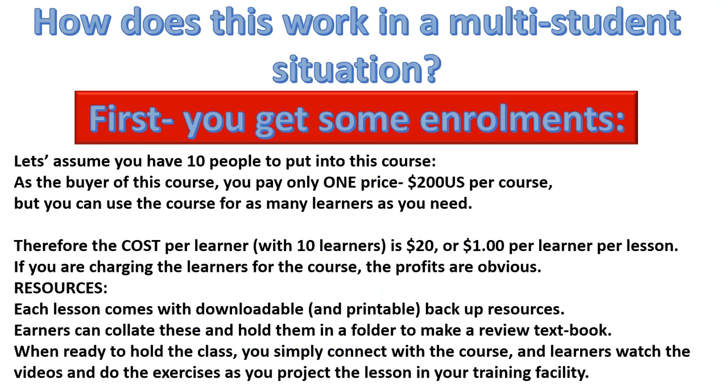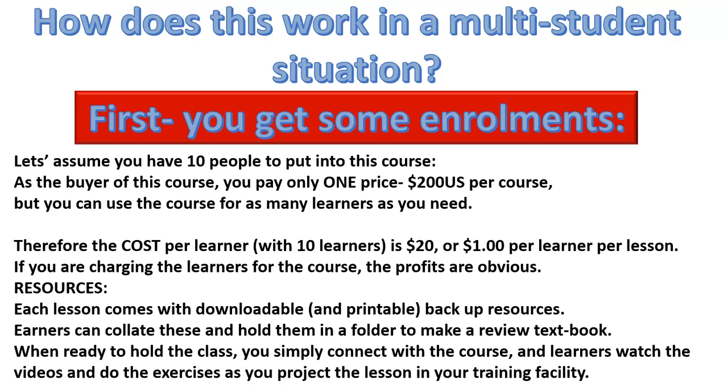How does it work in a multi-student situation where you might have a number of students wanting to take the course? Well, first of all, you get some enrollments, right? Let's assume you have 10 people to put onto this course. As the buyer of this course, you pay only one price. That is, the price is $200 US per course.